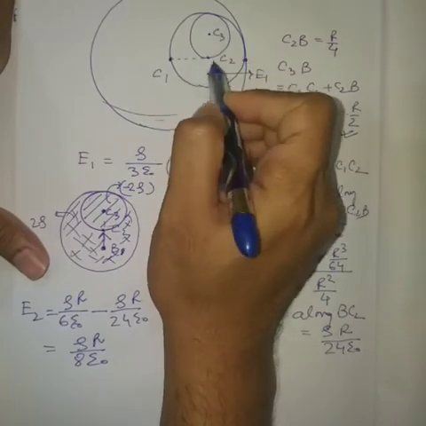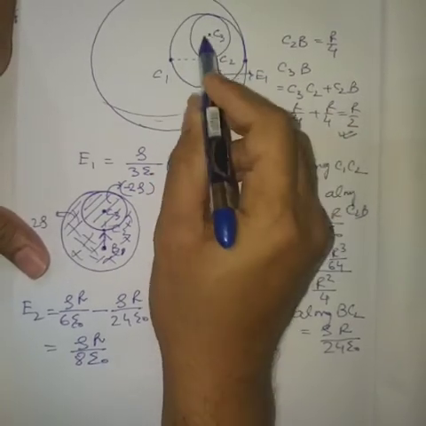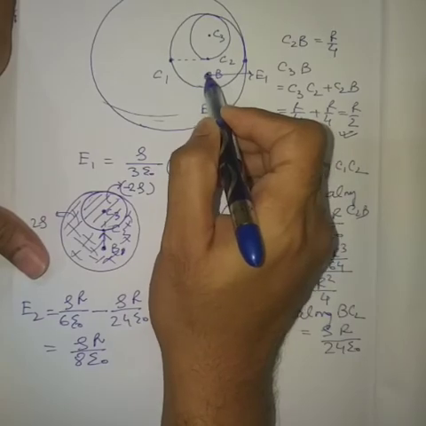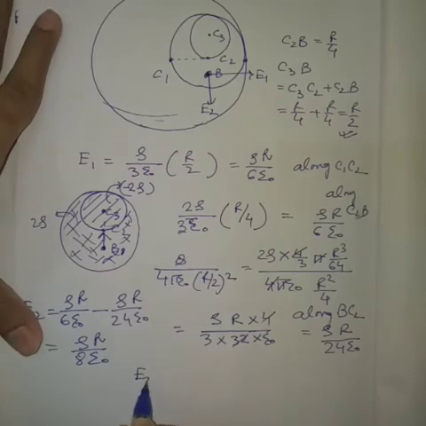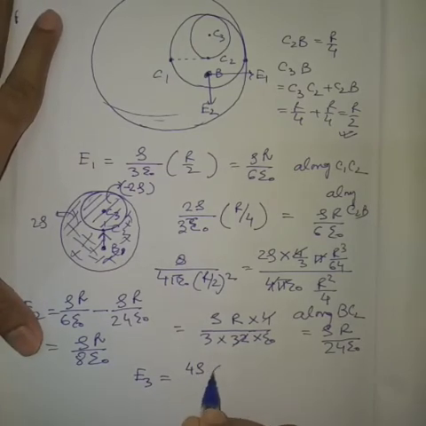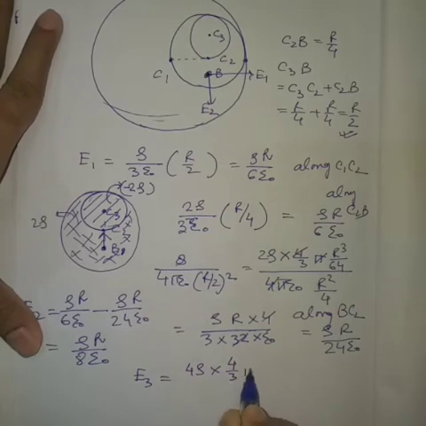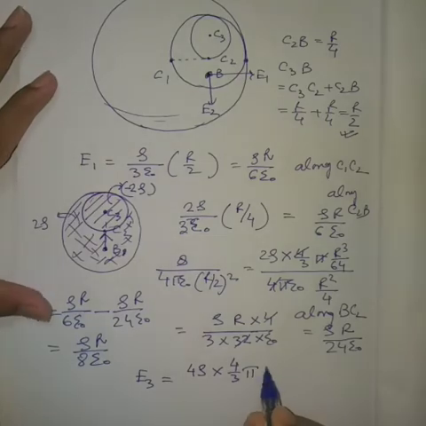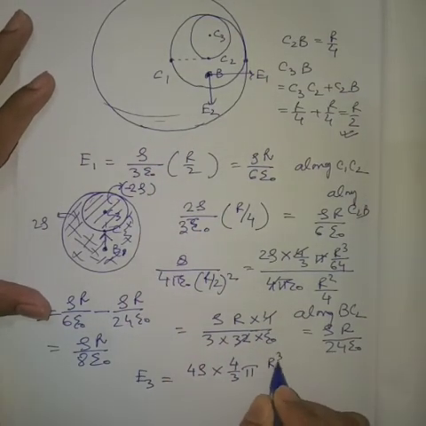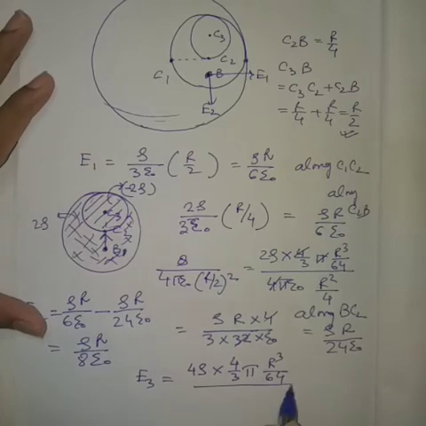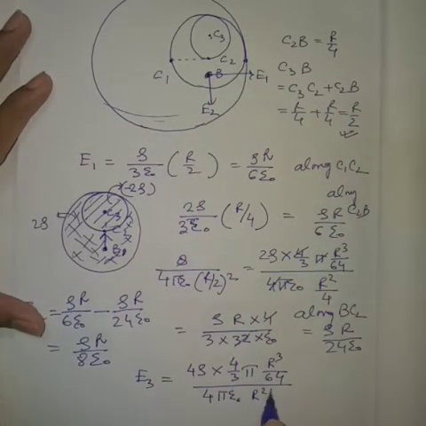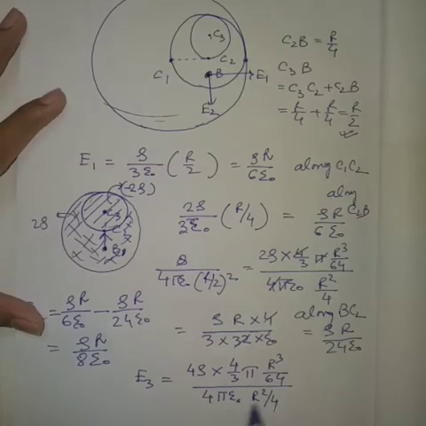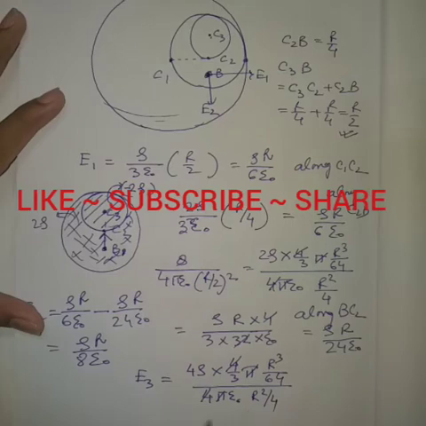Now, due to the sphere S3, the electric field at a point outside the sphere will be simple, the formula Q by 4 pi epsilon naught R square. Therefore, E3 will be Q, that means 4 rho into 4/3 pi, volume of the sphere R cube by 64, divided by 4 pi epsilon naught into this distance C3B, which is R by 2, that is R square by 4, and 4 pi cancels.